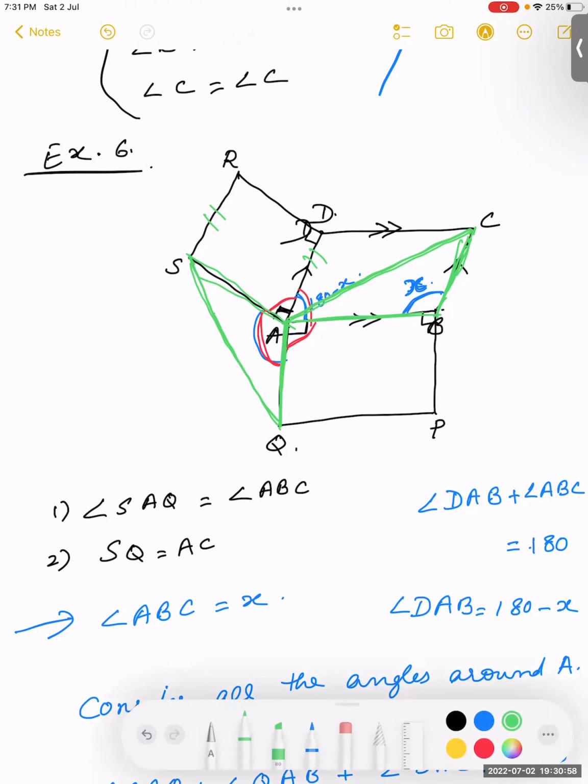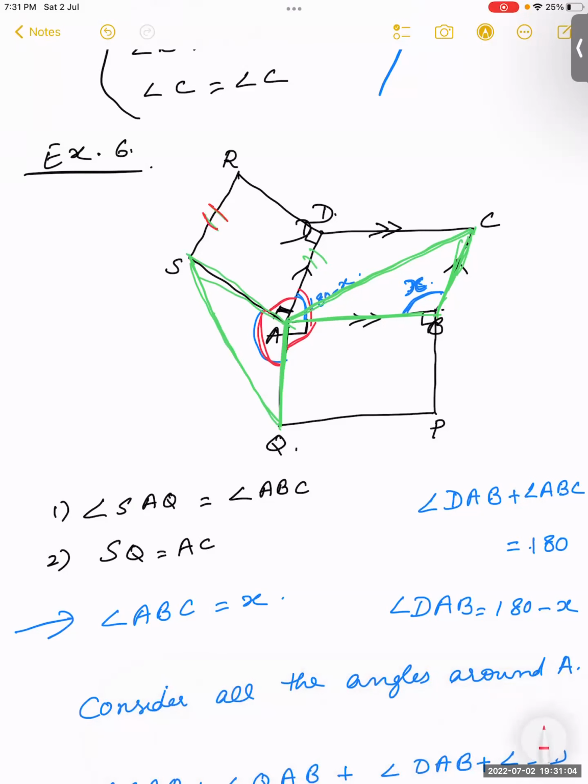I have to pick a different color, red. This side and this side are going to be equal. Don't you think in a parallelogram this side is also equal? DA and BC will be equal. Yes or no? They will be equal, right? AD and BC will be equal.